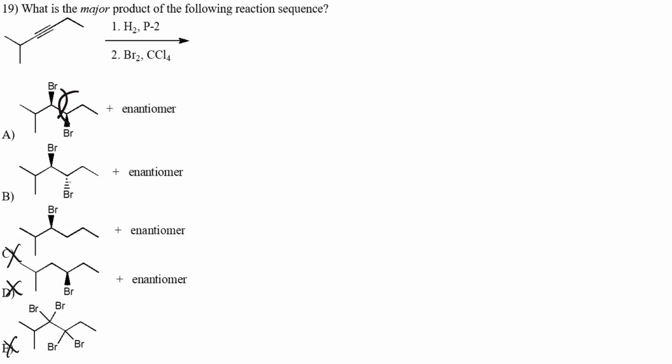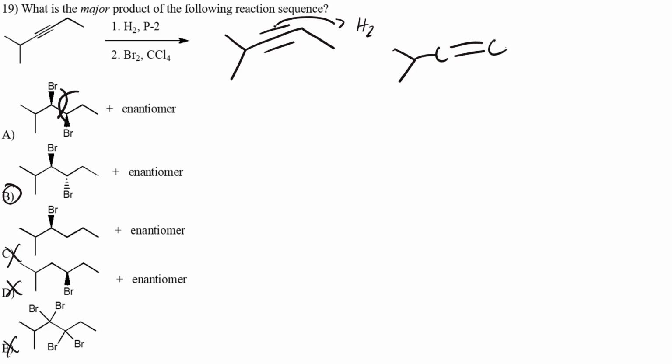It would be B. Okay, so for this one, the reaction would look like this. You have H2. Well, first off, this double bond attacks the hydrides. Let's do it like this. It makes it cis.